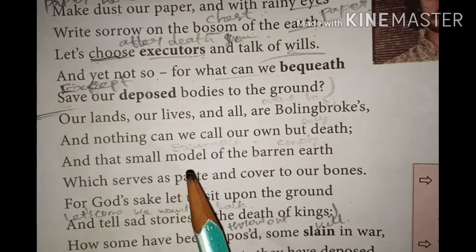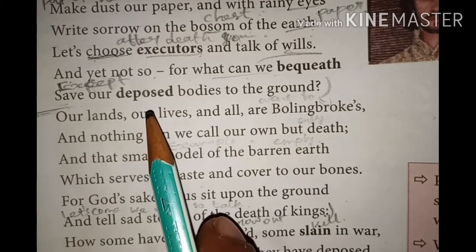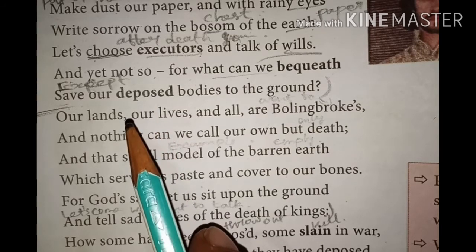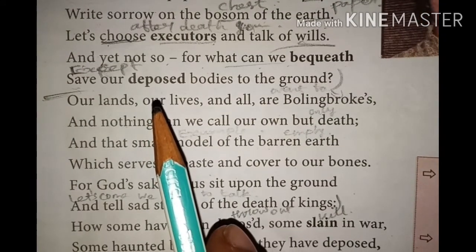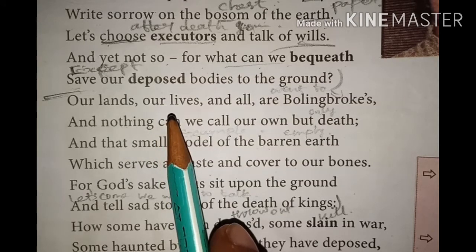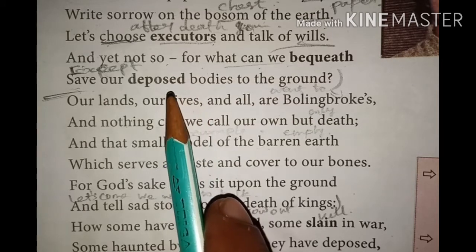We don't have anything. So "our lands": while he was ruling the country, at that moment he had some lands as the king. As a king he had some responsibilities to save the land, and also had some persons, some soldiers under his control, everything for his and our lives, and also the king's life.